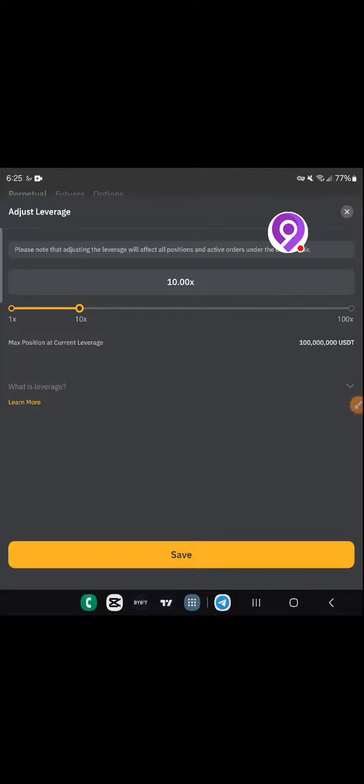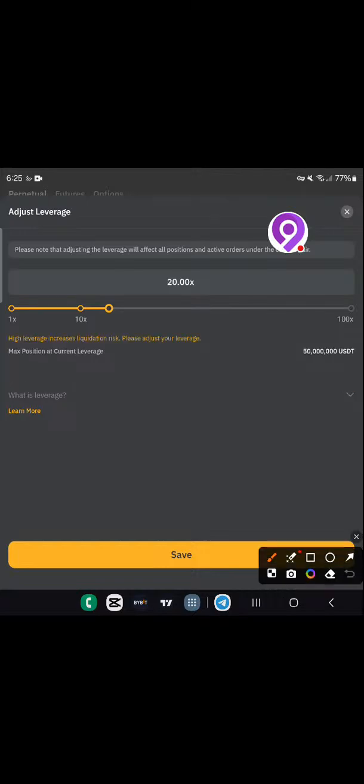So this is 10x. You can go all the way, just drag it up, to 20x. Can you see this 20x? Okay, you can go all the way to 50x. Can you see that? And for BTC, you can go all the way to 100x.